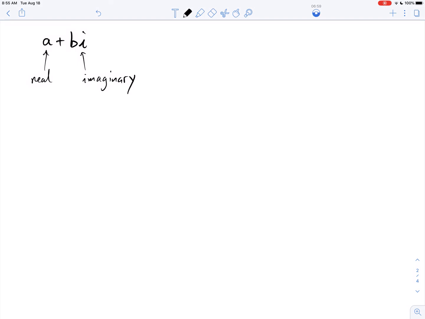Now, I am never going to ask you for this. I am not going to say, what is the real part? What is the imaginary part? Because it's a very basic question, and it's a boring question. If I gave you 7 plus 3i, and I said, what is the real part? You would say 7. If I said, what's the imaginary part? You'd say the 3i part is the imaginary part. And I'd say, very good, you're correct.